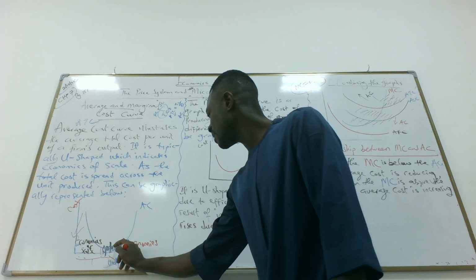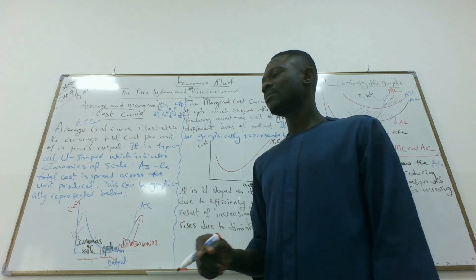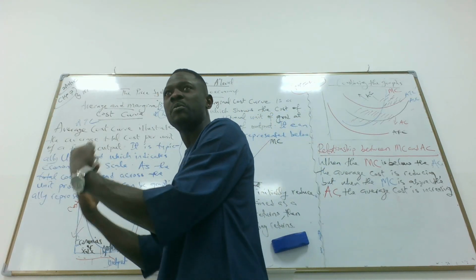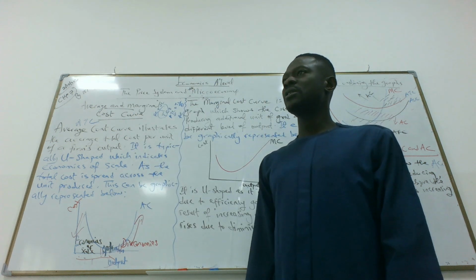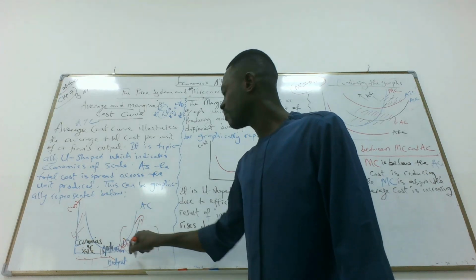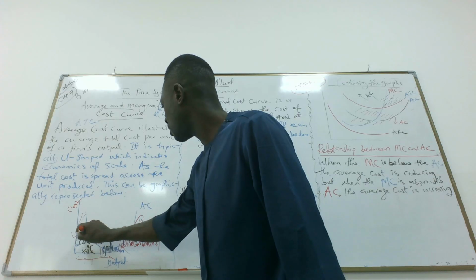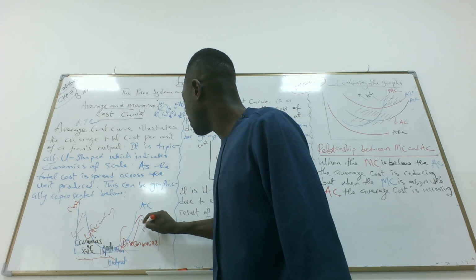As soon as you increase further above it, your average cost starts increasing. Here it's falling. If you produce more than the optimum level, it starts going back up. Here inefficiency has come in. There's efficiency at this point, and here there's inefficiency.